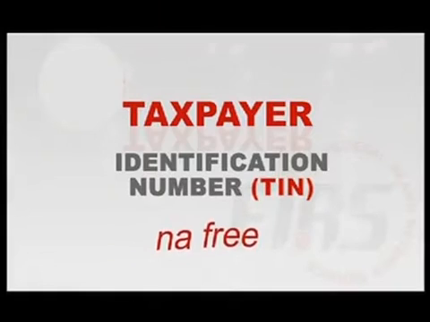What does it entail to register for TIN? Am I going to pay any amount of money? To obtain TIN is free. For an individual, what you are expected to do is walk up to the nearest tax office to you, be it the State Board of Internal Revenue office or the Federal Revenue Service office. Then you'll be required to fill a form.